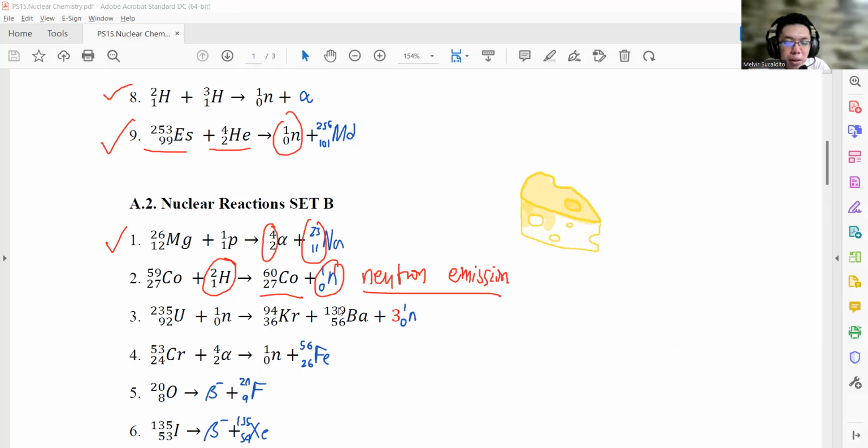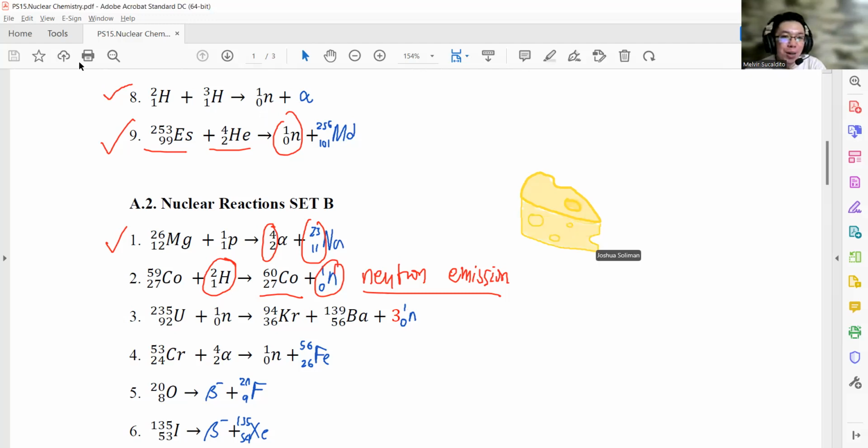Number 3. We have, ano to? Double check ko din kasi yung sagot mo. Number 3, uranium 235 tsaka neutron. Okay. Ito alam natin to. Uranium 235 tsaka neutron.